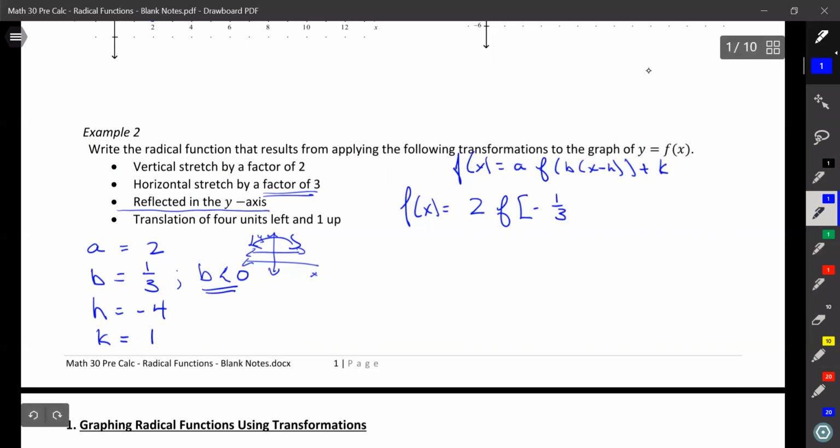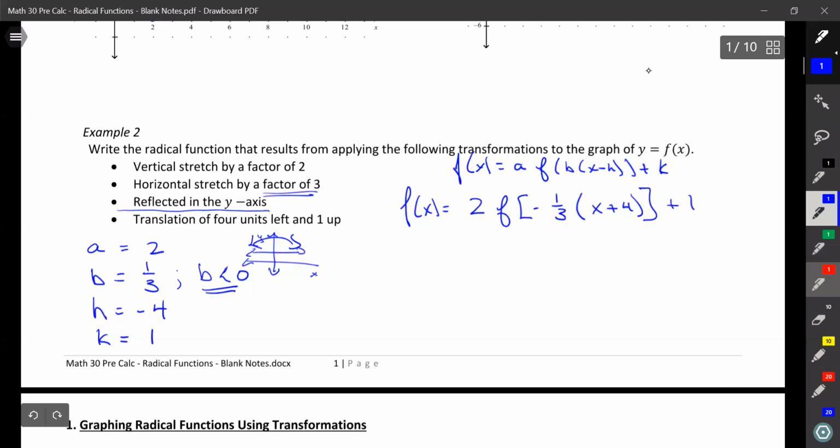Don't forget we said b has to be less than 0. And this becomes x plus 4, and then plus 1. X minus h, x minus minus 4 equals x plus 4. That's why that's plus 4 under there.